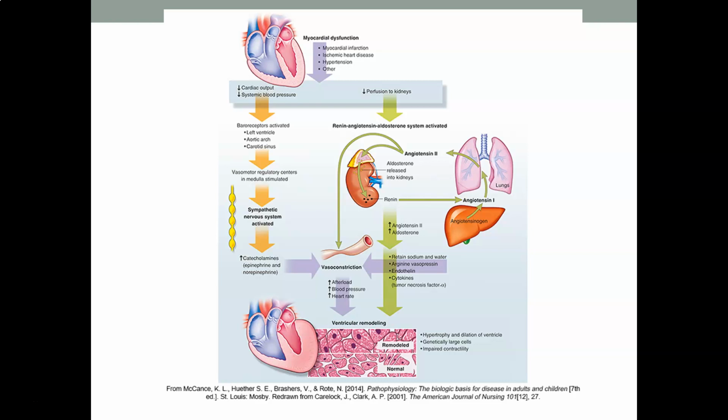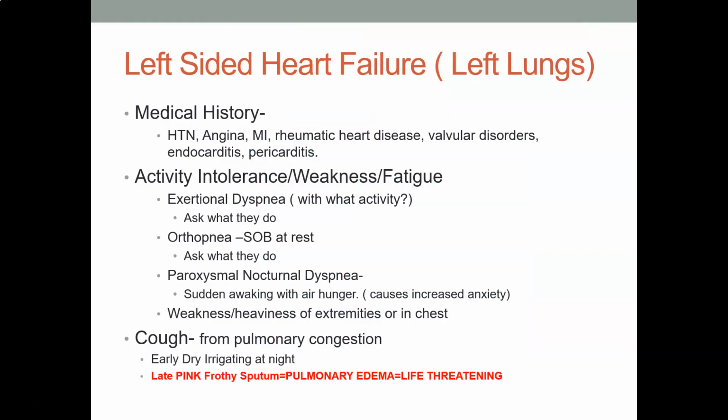So when you have decreased cardiac output, you have decreased perfusion to the kidneys, which retains the sodium and water, which worsens the heart failure. Also, in times of low cardiac output, you can have a decrease in your cerebral perfusion as well. I hope that makes sense without going into too much of the pathophysiology, because we just don't have that much more time for a review.